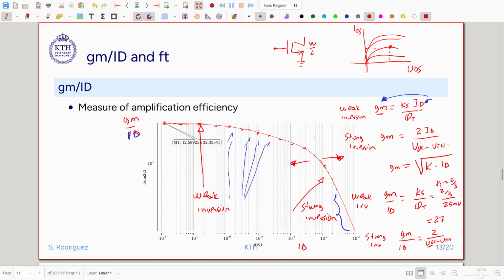And we see that we mentioned before we will not want to work in very strong inversion in most of the cases. Sometimes we will be forced to, but most of the cases we will not want to do that. We will want to work actually in the lower part of this curve.